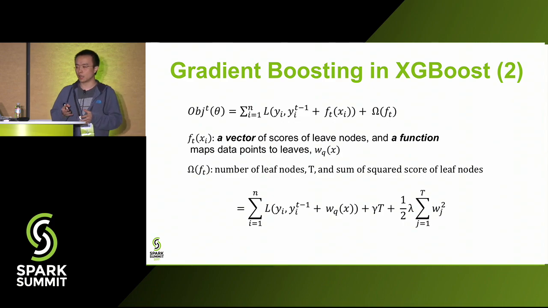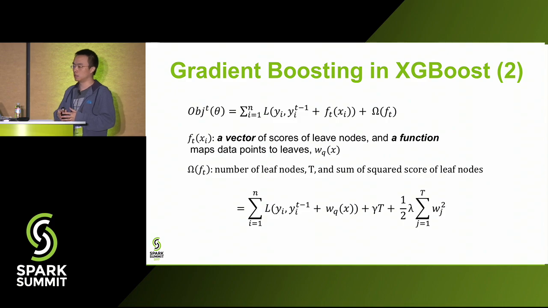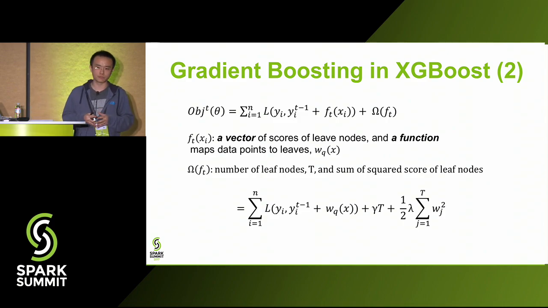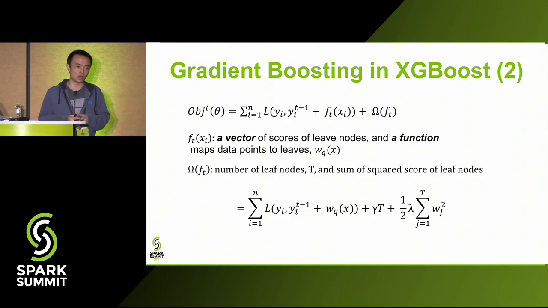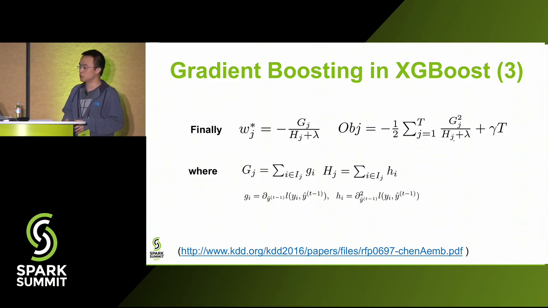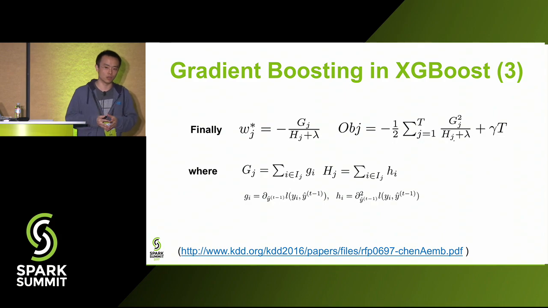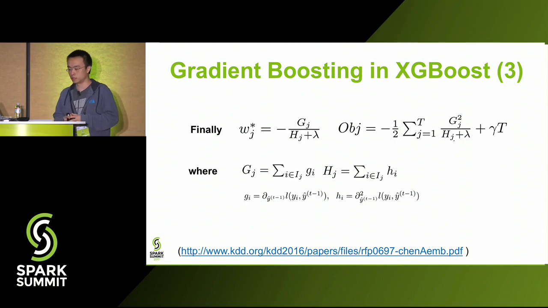And for the regularization item, we define it as the number of nodes plus the sum of the squared scores of the leaf nodes. And then we can transform our objective function as something related to the score. And after a chain of transformations, we can get the optimal value of the score and the smallest value of the objective function. I will not go into how to derive that. If you are interested in that, read our KDD 2016 paper.